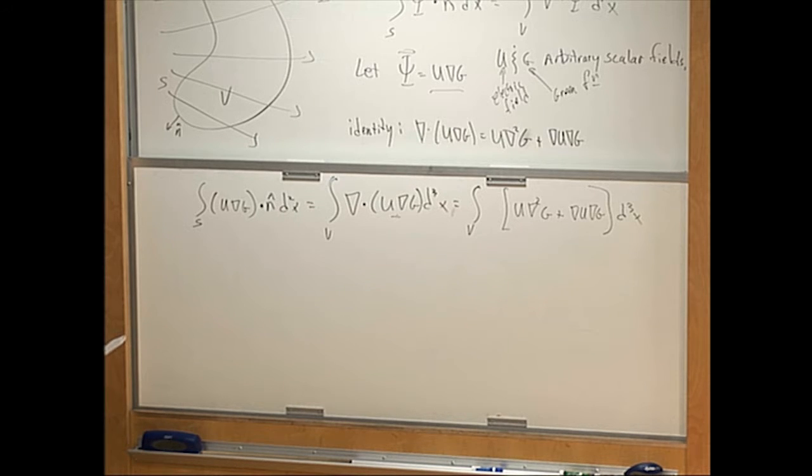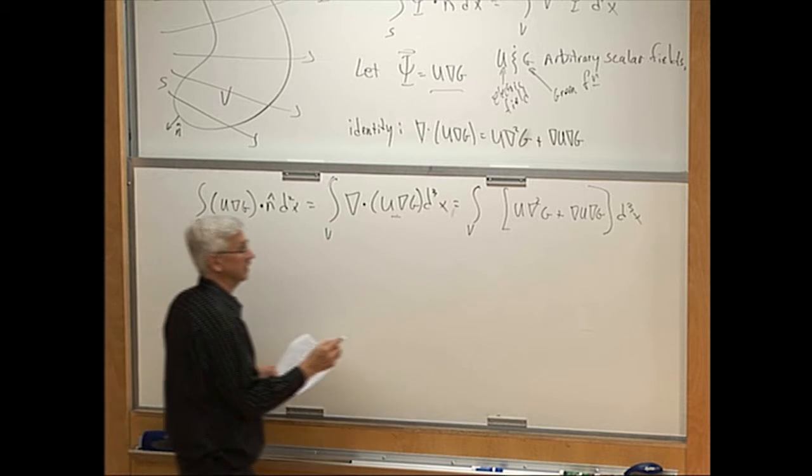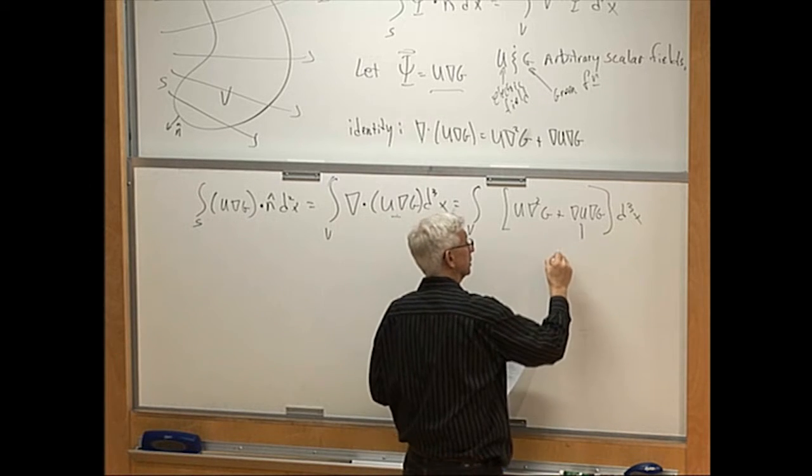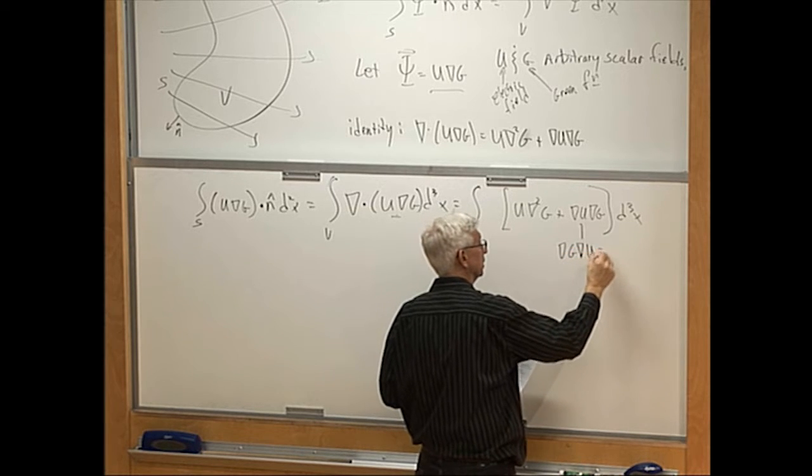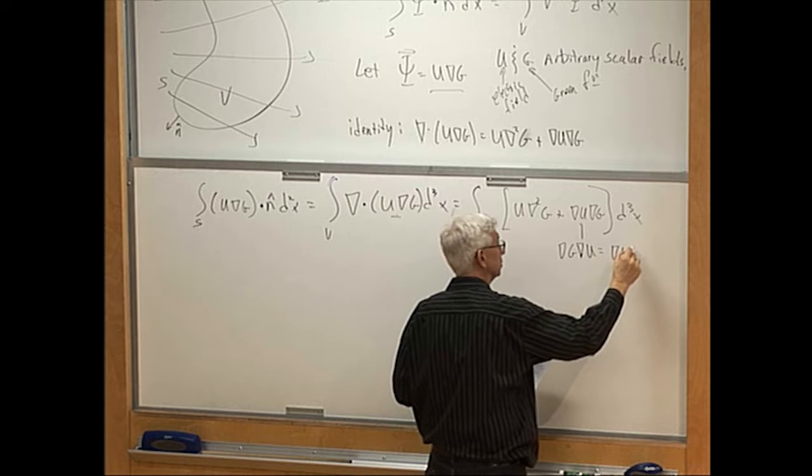Okay. Now, what we're going to do is reverse u and g and realize that del g dot del u is equal to del u dot del g.